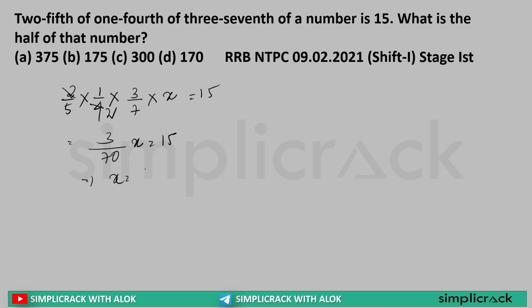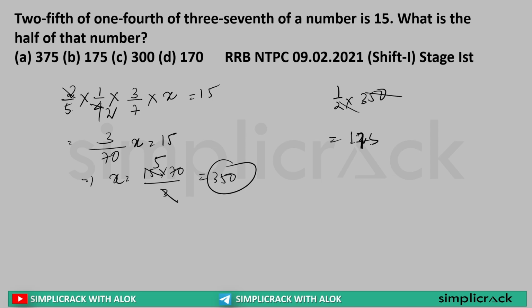So this can be written as x is equal to 15 into 70 divided by 3. 3 5s are 15. 70 into 5 is equal to 350. So the number is 350. Now it is asking what is the half of that number. So half of 350 is 175. Clear?